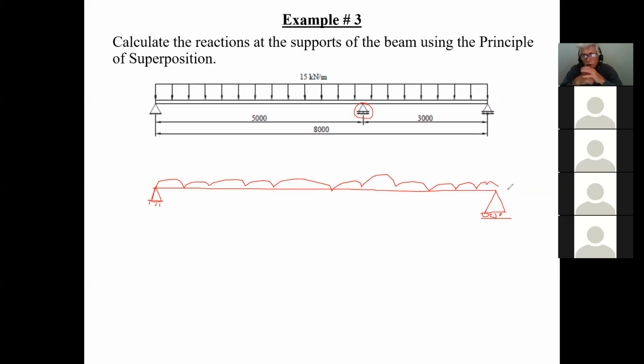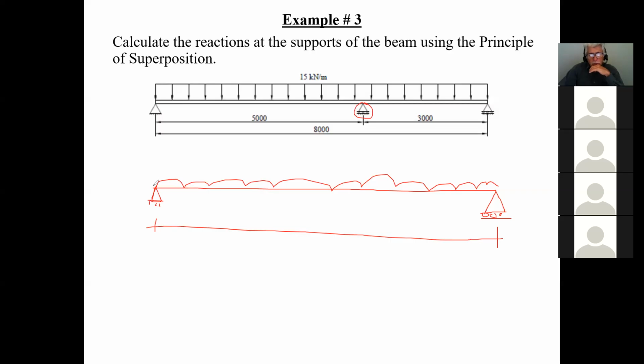Is that what happens to the beam if I remove the support? Now, if I remove that support, what's going to happen to this beam? It becomes longer, right? You agree?